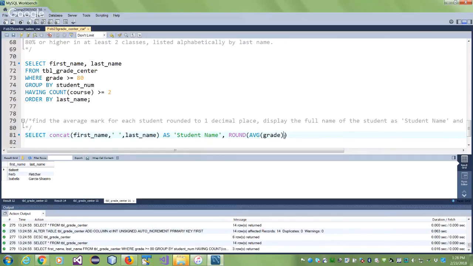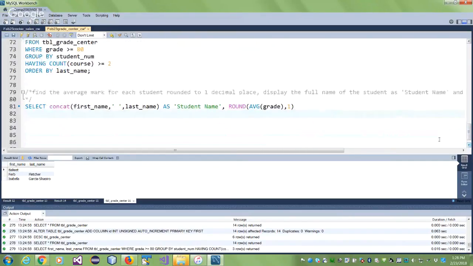And how many places? 1 place after decimal. So you can use a cast, you can use a round, whatever is easier to understand, whatever you like. So round the average grade to 1 place of decimal. Cast and round both do rounding. We've figured that out, right? You can use cast also, okay?